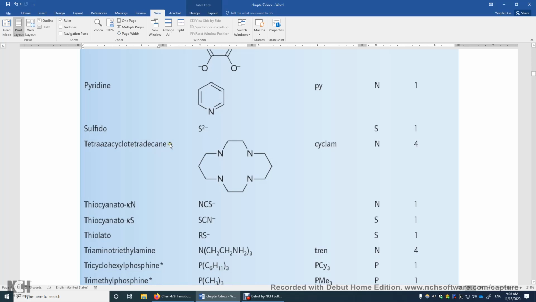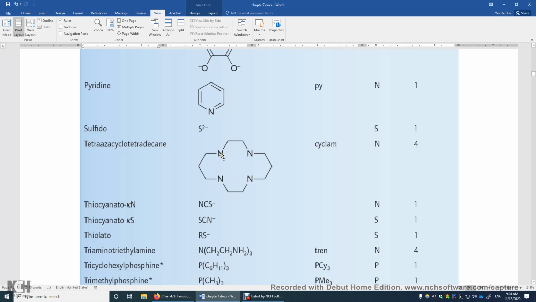Cyclotetradecane. Tetra means 4, deca means 10 carbon. So if you just say cyclotetradecane, it's a 14-membered carbon ring. But then aza means you need to replace a carbon with nitrogen. And then you have tetraaza. That means 4 carbon atoms will be replaced by nitrogen atoms.